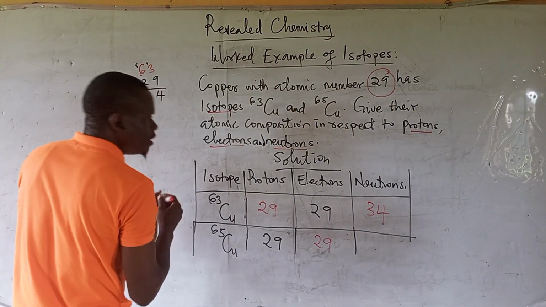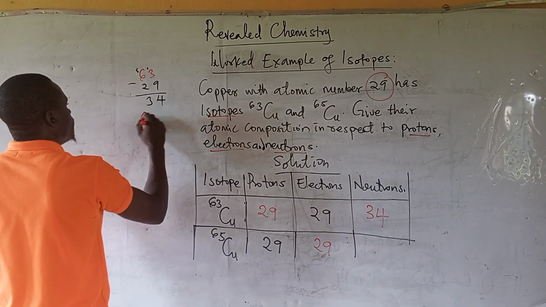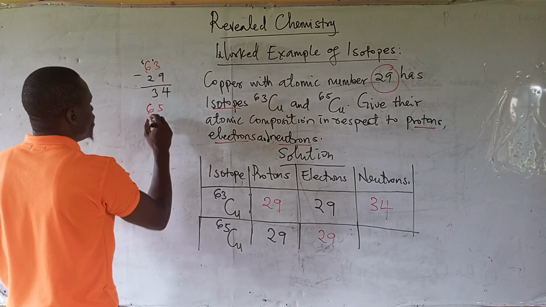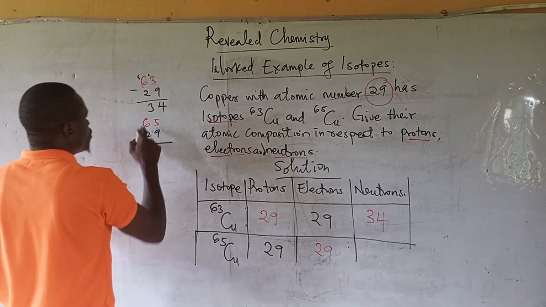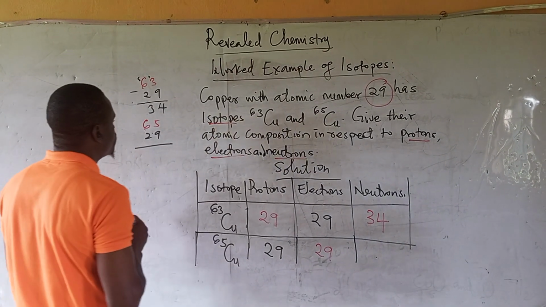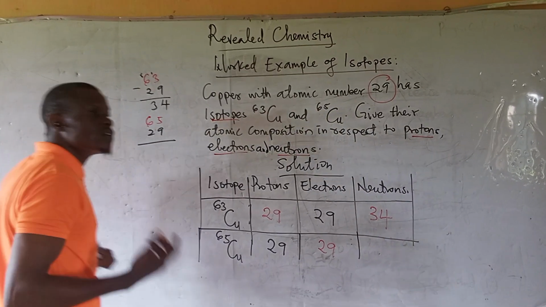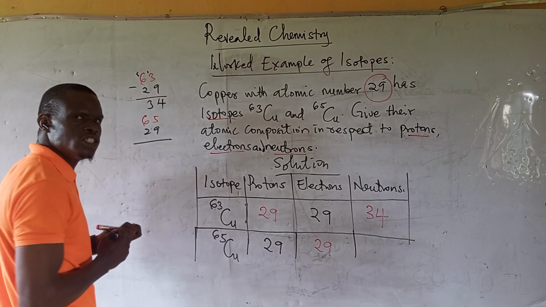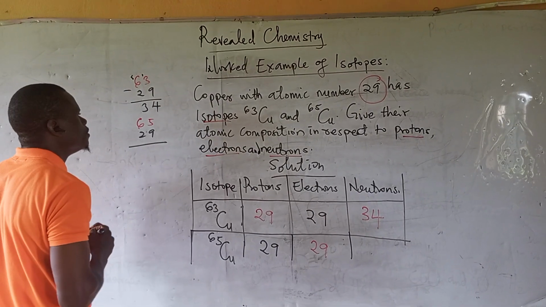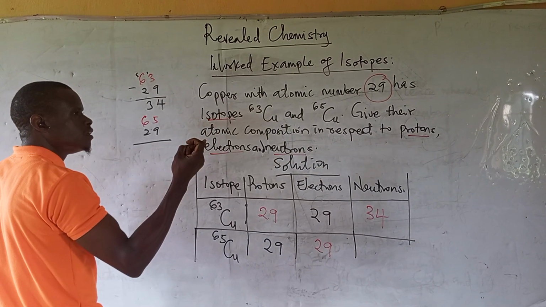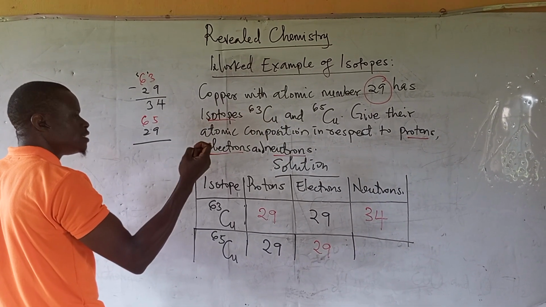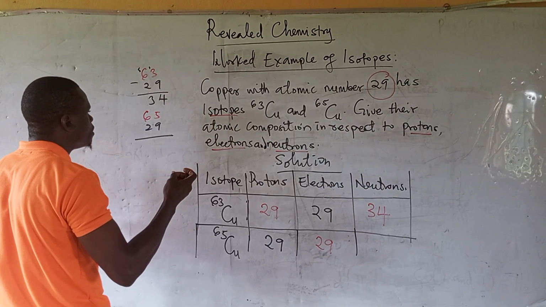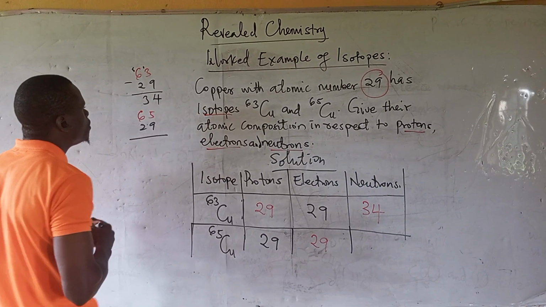So 65 minus 29. Take 15 minus 9. What's the answer? Is it 7?